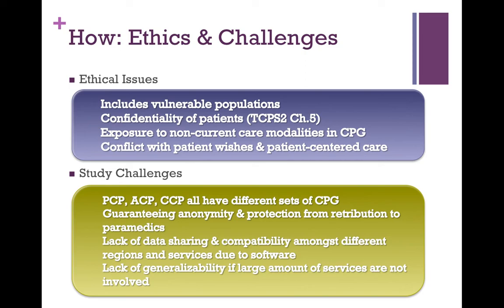We will anonymize them through the chart review process to mitigate this fear. Software compatibility issues will be addressed by the recruitment of a software analyst in order to collate the data into a homogenized data format. A lack of generalizability is the reason we want 1,500 participants minimum across a broad range of paramedic services from rural to urban.